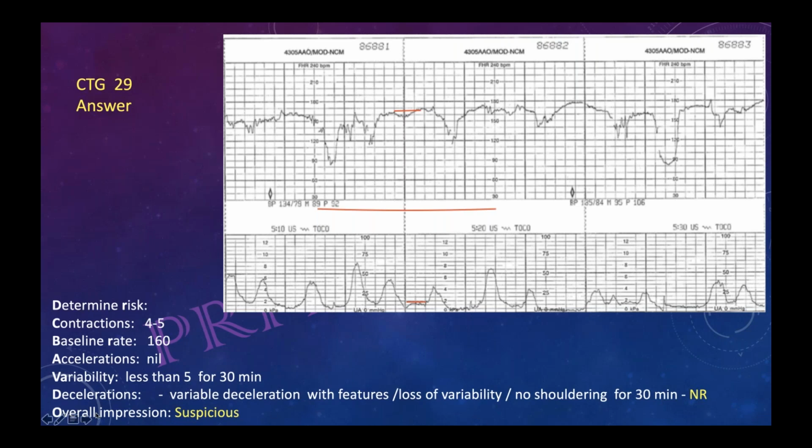So if it is a complete 30-minute CTG, then it will become pathological. Ma'am, should it be more than 30 or 30 for pathological? 30 or more than 30. Okay, ma'am.